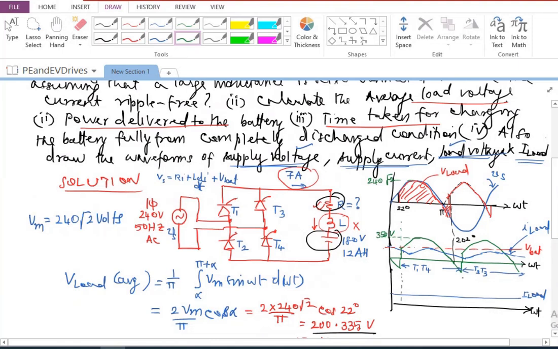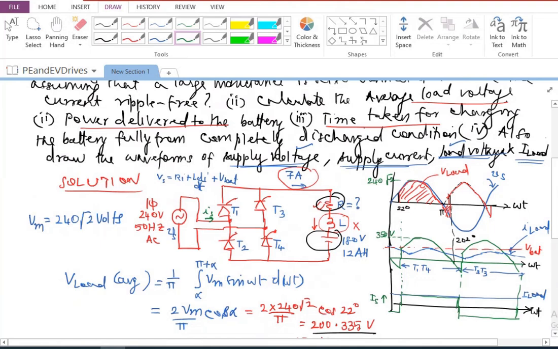So from here until here, the supply current will be exactly same as whatever is the current I'm observing on the load side. Whereas when T2 and T3 are conducting, the current is going to be exactly the opposite to that of the load side current. So this is going to be the supply current waveform, IS.